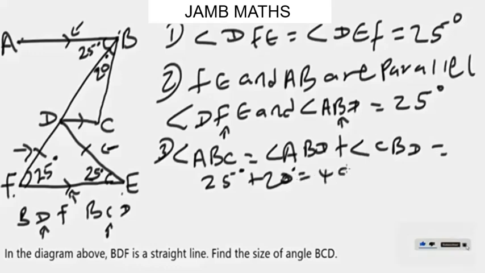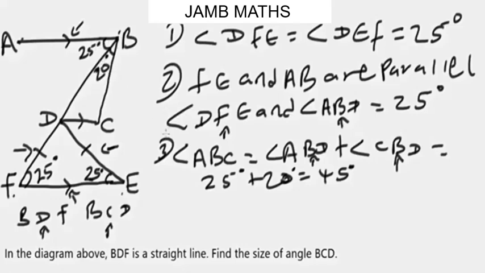Which gives us 45 degrees. Now if you observe here, it looks as if we are having two B angles, this one and this one. Basically this angle B here is covering two angles. The first angle is 25 degrees and the second angle is 20 degrees.